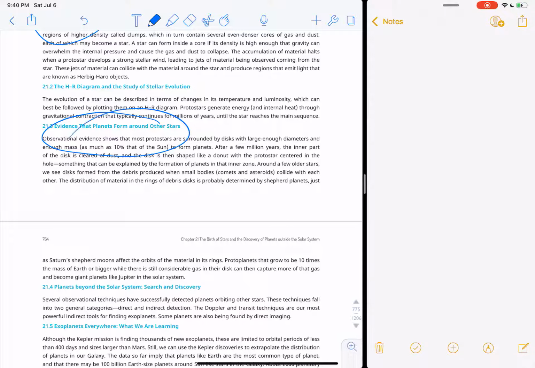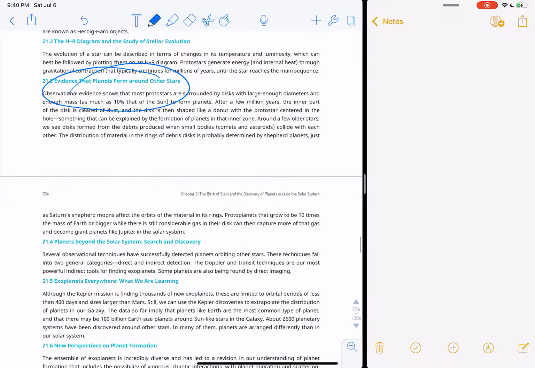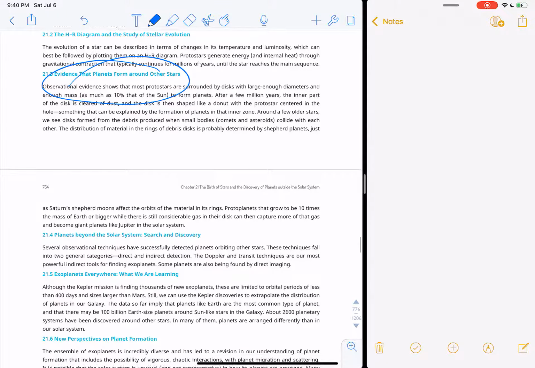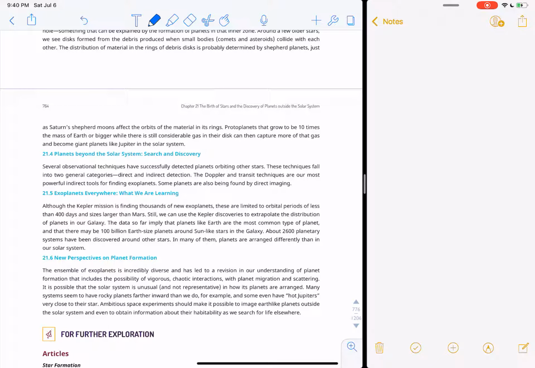We know that there are planets around stars. We can use the Doppler effect. We can use the light curve effect. We can directly image them, and that allows us to count protoplanets. Kepler and Gaia are both looking for exoplanets around different stars, and so far we've found thousands of extrasolar planets that we've cataloged.